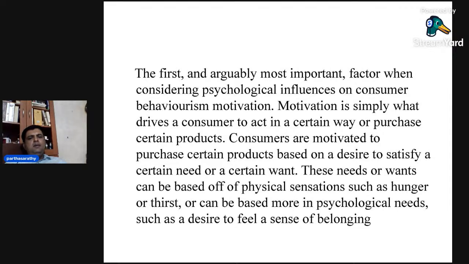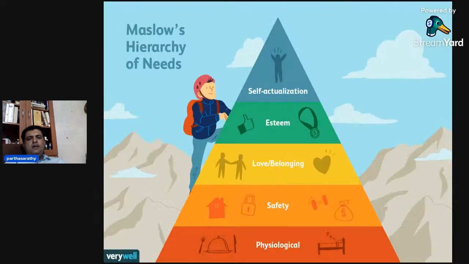Hunger or thirst can be based on more psychological needs, such as the desire to feel a sense of belonging. So, previously, I had been telling you about motivation and motivation models.